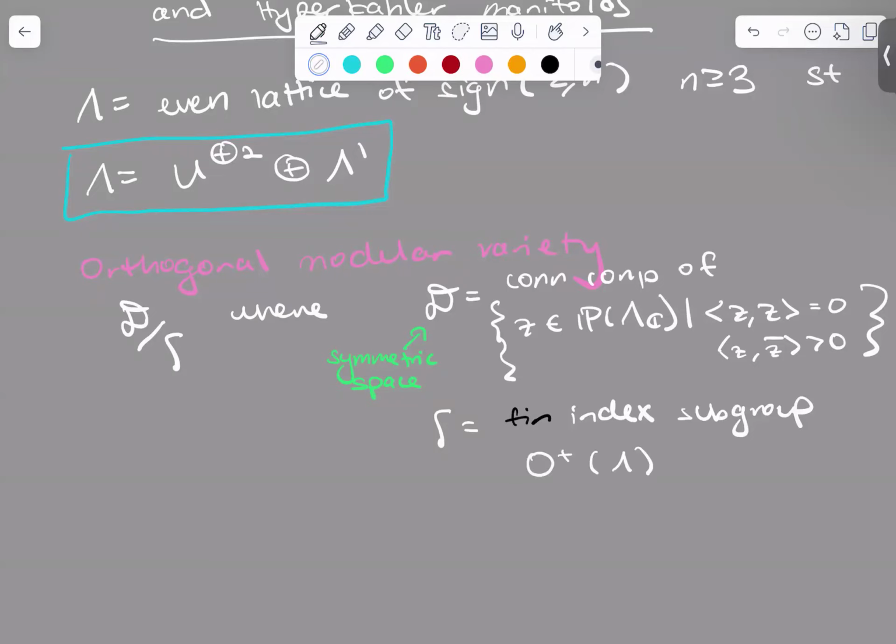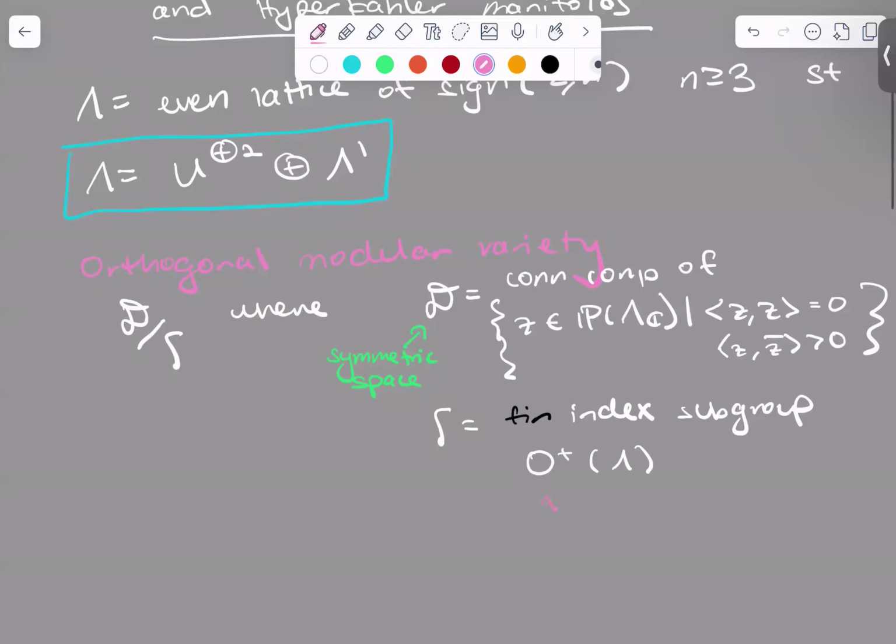So these are automorphisms of lambda that fix this given component D that I've selected of this locus within the projectivization of my lattice. Okay, so this is going to be my orthogonal modular variety, this quotient right here, D mod gamma.